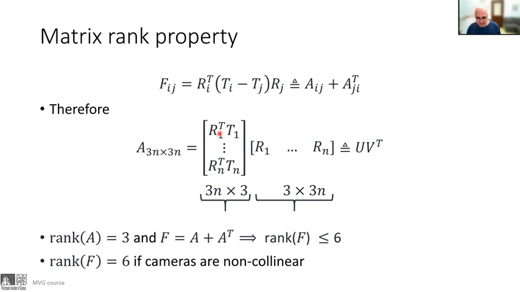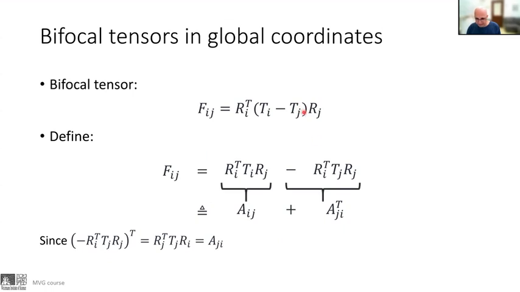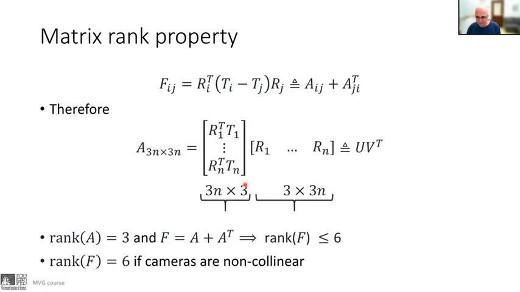And the reason is that, remember that Aij, let's go back. Aij was composed of Ri transpose Ti Rj, so I'm going to use this structure to factor A. And you see that A factors to Ri Ti, this matrix, times Rj.